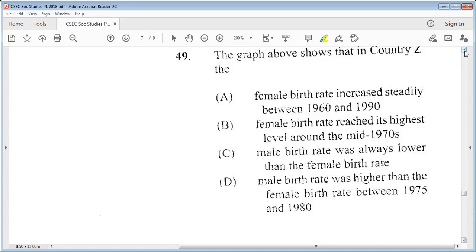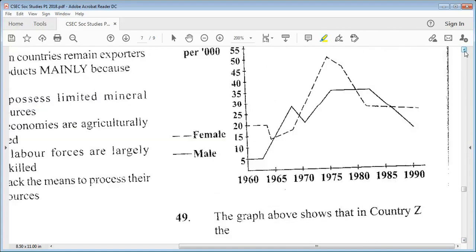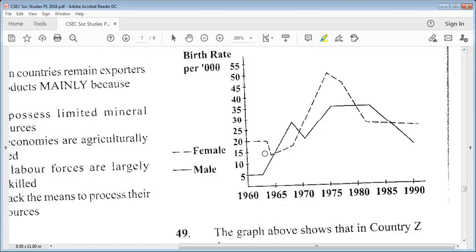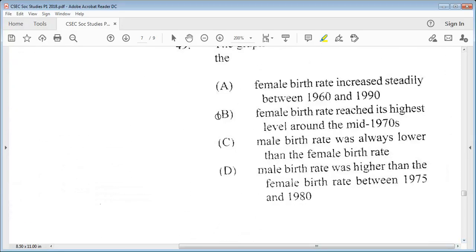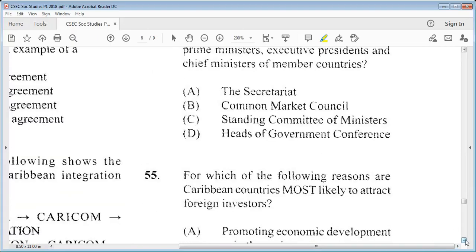Female is the unbroken line in the 1970s, 1970, 75. Yes, so our female reached its highest peak in the 1970s. Looking at our graph here, see the highest peak here. Okay, good. So right away we detect that our answer is going to be B for 49. We already found our answer, so we can move on.